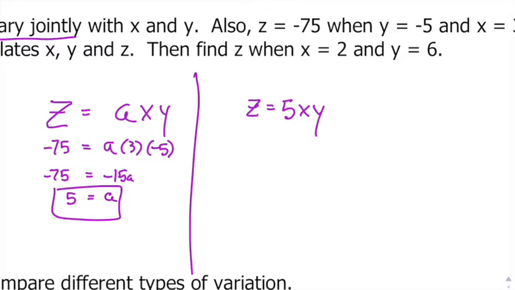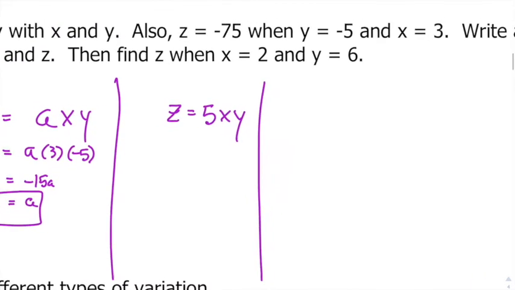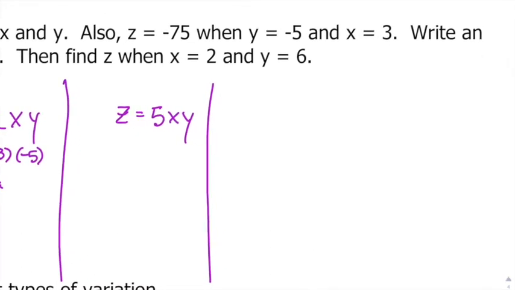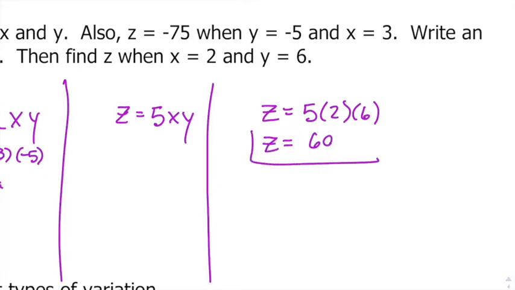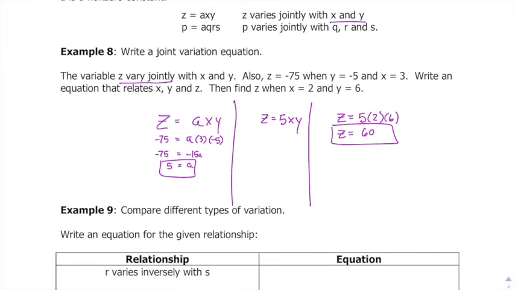Plug in your constant of variation and then find Z when X is 2 and Y is 6. So we'll go 5 times 2 times 6. 5 times 2 is 10, 10 times 6 is 60. There you go, that's how you do that.